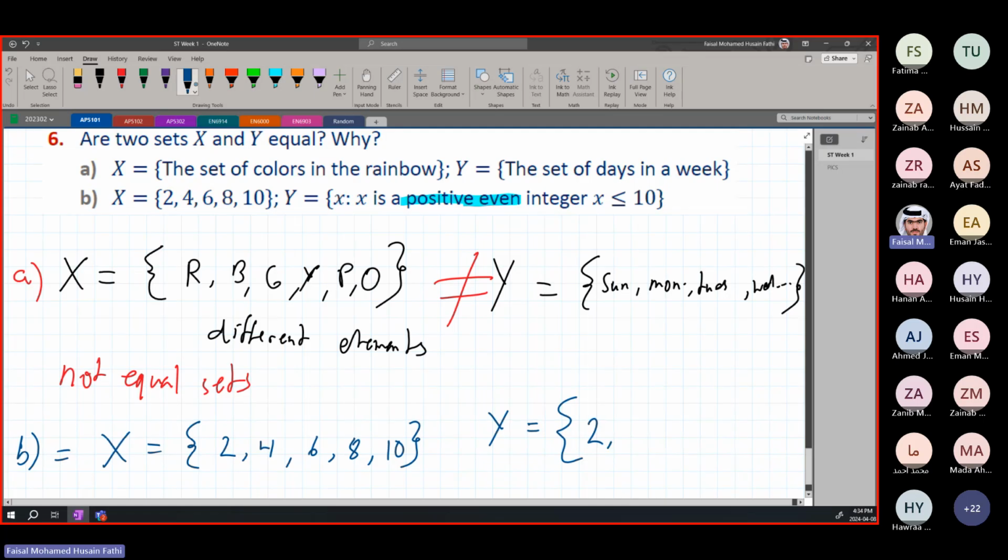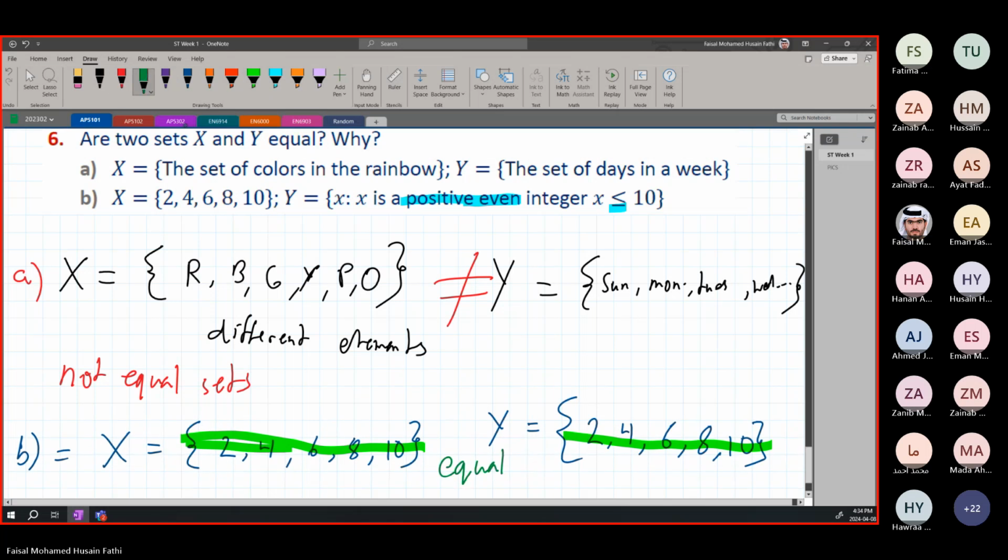After the 2, the even integer is 4. After the 4 is 6. After the 6 is 8. Because it said positive, so we're starting from 2. 4, 6, 8, up till 10, and there is an equal sign as well. So it is equal to 10 as well. So this is 10. Now if you notice, this entire set is equal to this entire set. 2, 4, 6, 8, 10, 2, 4, 6, 8, 10. Hence, these are equal sets.